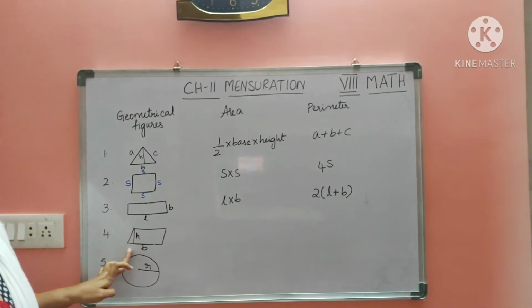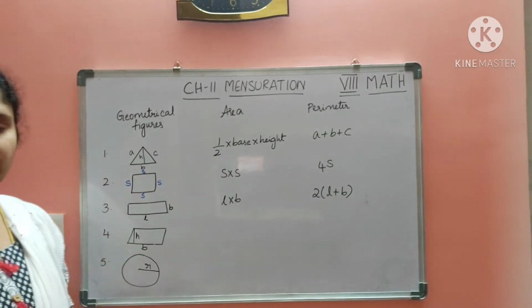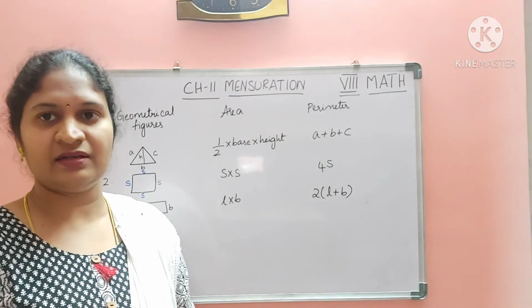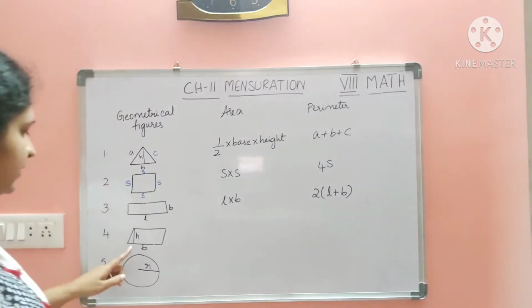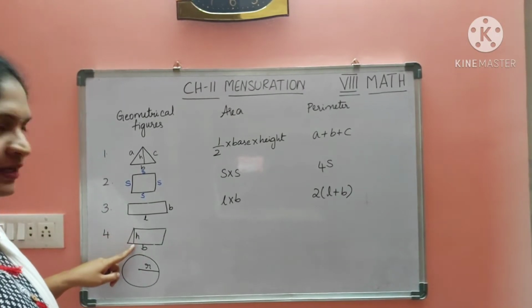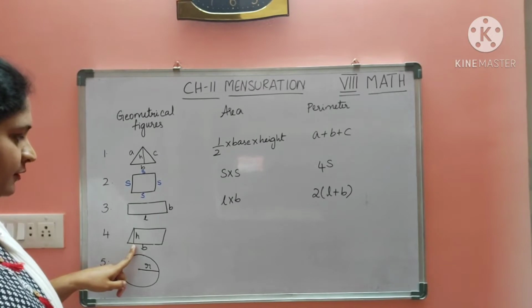Now, the parallelogram. What do you know about a parallelogram, children? It is a quadrilateral in which opposite sides are parallel and equal. Here I am taking this as the base, and this as the height of the parallelogram.